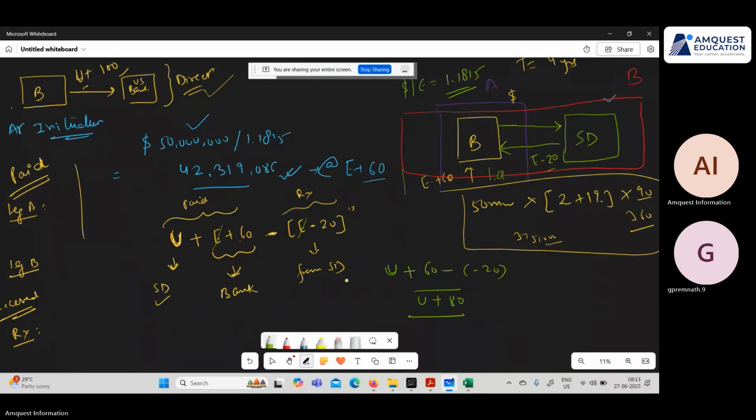Oh, he's paying U plus 80. Got it. Clear, right? So effectively, he's going to pay 50 million multiplied by, what was the rate? 2%. So basically 2.8 we can say. Multiply 90 by 360.